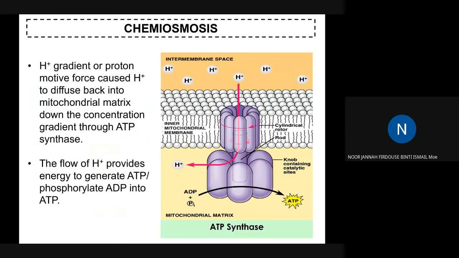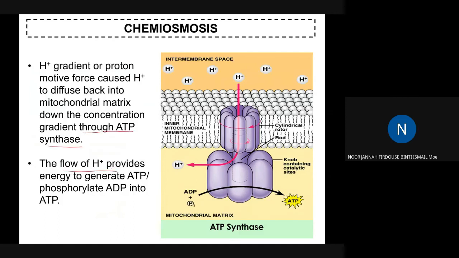This is a close up of the ATP synthase. It is shaped like a turbine, like our hydraulic system, the dam: when water flows through, it moves the turbine and generates electric power. It is the same concept here. The proton motive force will cause hydrogen ion to diffuse back into the mitochondrial matrix through ATP synthase.